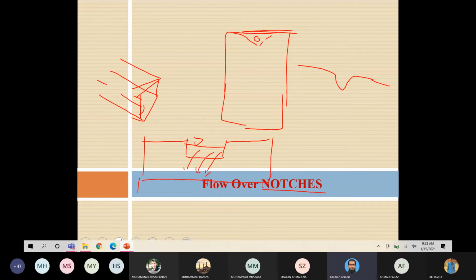By measuring the depth, say h, we will find the discharge. Obviously, it has some relationship or formula. There is a formula of discharge Q in relation to h, which we will study in the later part of the lecture. So the purpose of a notch is to measure the discharge in an open channel.